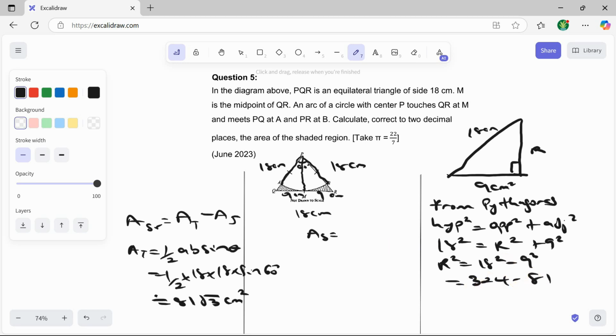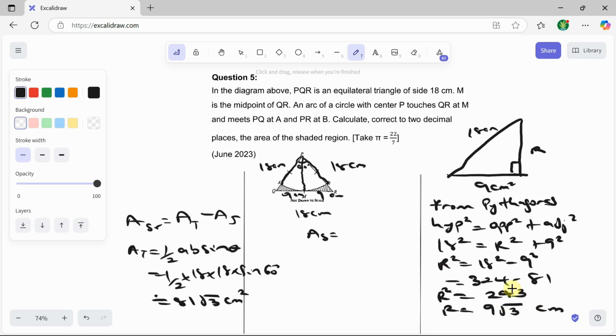So 324 minus 81 will give me 243. So our r squared is equal to 243, so if I take the square root of both sides, our r would be 9 root 3. And I'm sure by now you should know how to get all these 9 root 3 and all of that. So 9 root 3 centimeters.